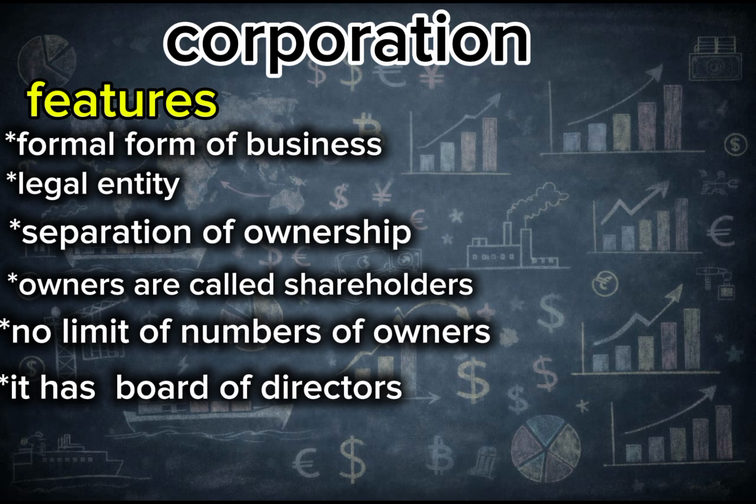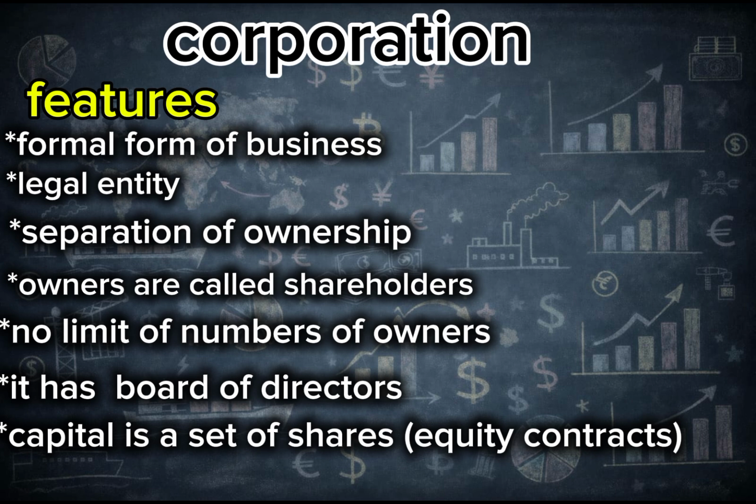Like I said before, two parties are involved in a corporation, the shareholders and the management. So the shareholders are more like the principal of the business, while the management are more like the agents of the business. In our subsequent topic, we will dwell more on this principal and agency relationship.